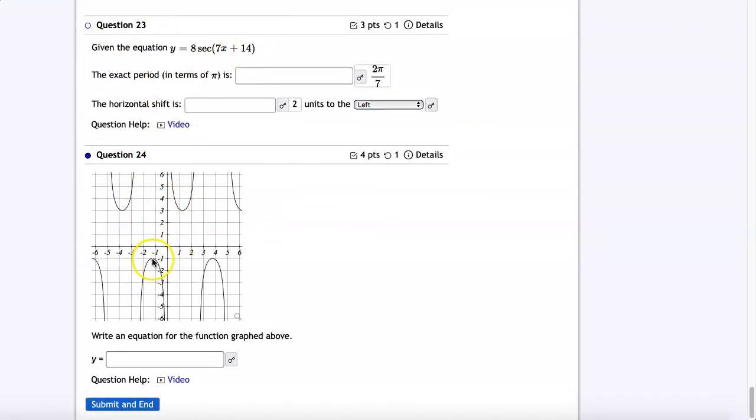So you can see here from this it's about -1 1/3 to 3 2/3. So that's not 6, that's 5. So if I have a period of 5, that means that the b value inside the graph will have to be 2 pi over 5 in order to create a period of 5.